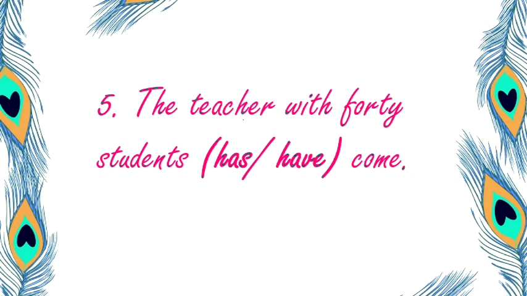So the word teacher is the main subject, and so it is singular, and therefore the answer should be has. Okay? The teacher with 40 students has come. Alright? The main subject is teacher and it is singular. It can be the mother with her children, the teacher with his tools. It can be anything. Okay? So the subject is teacher.